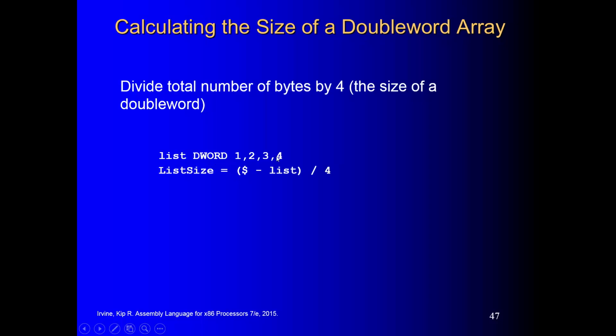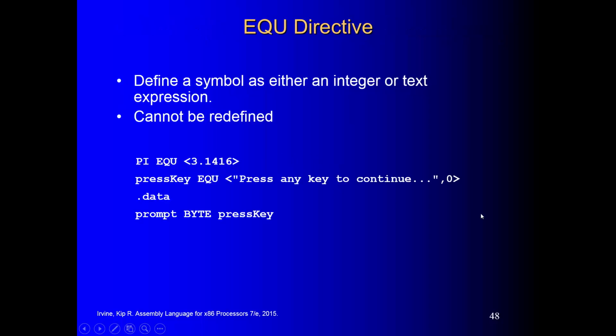To calculate this array size, we say list size equal ending address, use the $ sign, minus the beginning address, that's the list name, then divided by 4. This will give you the total used bytes by this array. You divide it by 4, and this is going to give you size 4 because each of these numbers will use 4 bytes. So you have to divide it by 4 to get the real size for the list.